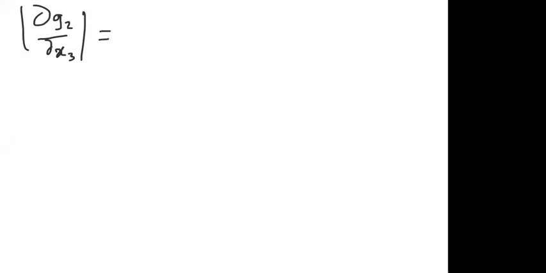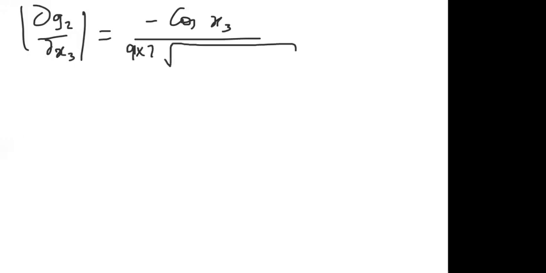So we see that the only part which has X3 is the sine X3 inside the square root there. So if I differentiate that, I'm going to have minus cos X3, then divided by 9 times 2, then times the square root over x1 squared plus sine X3 plus 1.06.